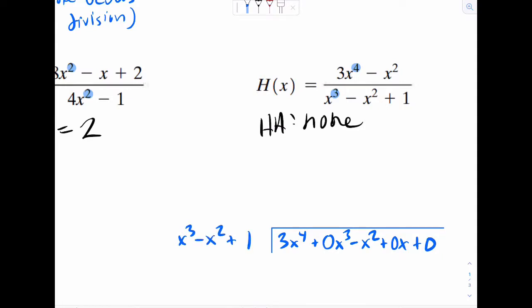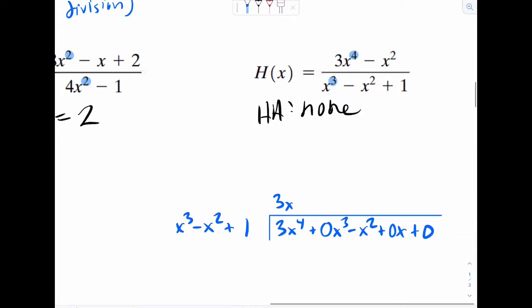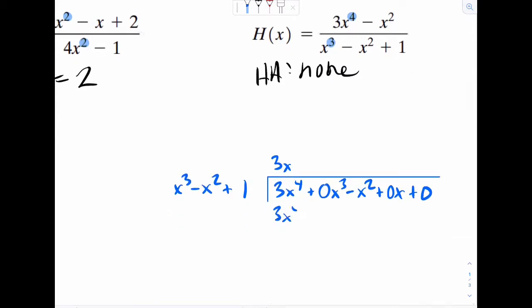And let's just divide. So this should be 3x. Now you multiply 3x to this thing. So you get 3x to the 4th minus 3x to the 3rd plus 0x squared here.